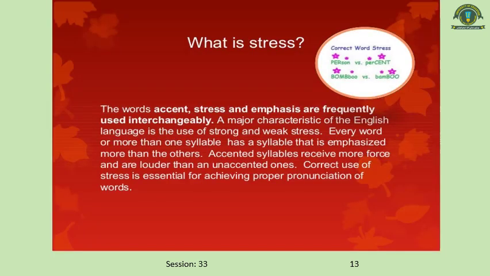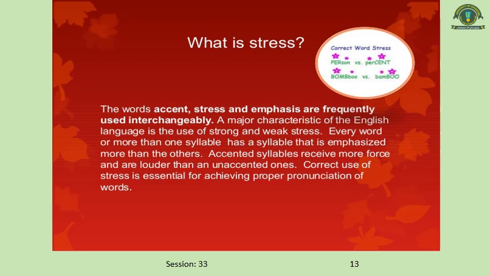Now let's talk about stress. What is stress? You can have this slide in front of you, but on the top right there is an oval shape. Can you see that? What is written there is: what is correct word stress, right? And stars are there, on the top of the words.